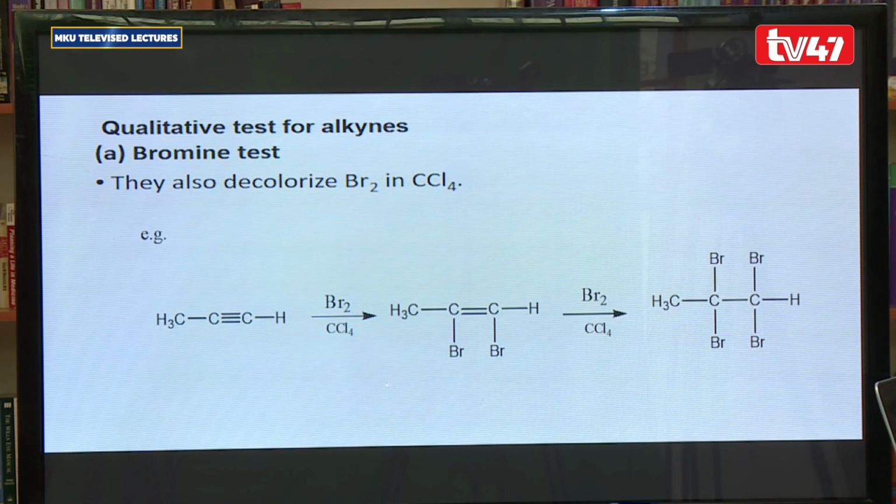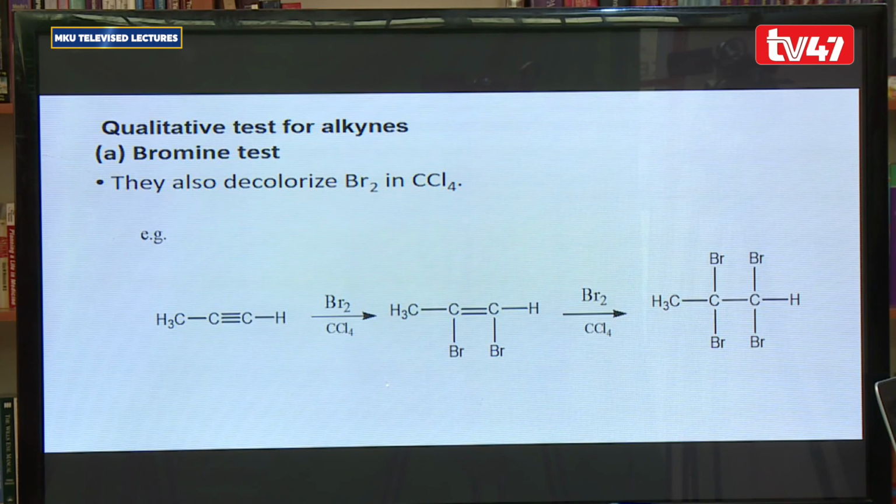So lastly, we talk about qualitative tests of alkynes. The qualitative tests of alkynes are generally the same qualitative tests you do for alkenes. So generally it is difficult without doing more tests, but the tests can help you differentiate alkynes as unsaturated hydrocarbons from alkanes.